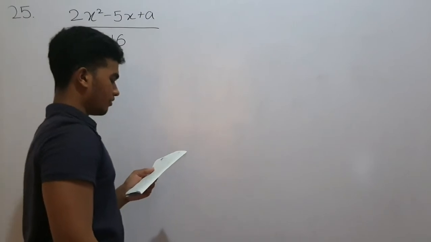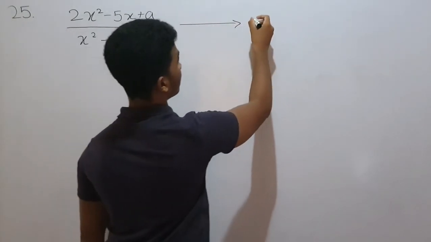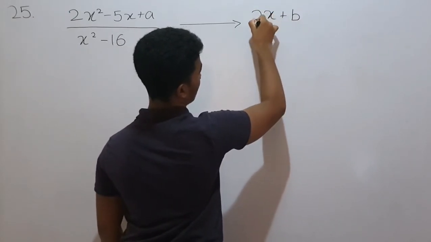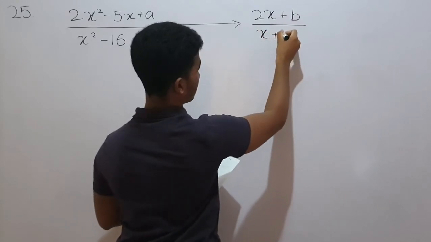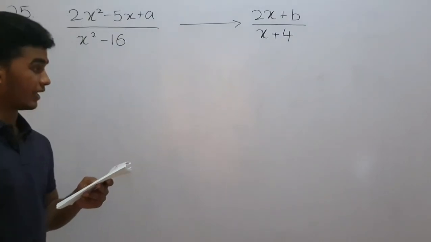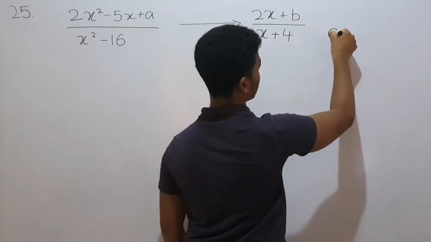It can be simplified to give 2x plus b over x plus 4. Find the values of a and b. We should get those two values.